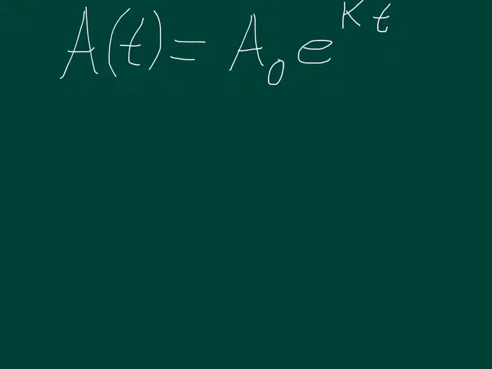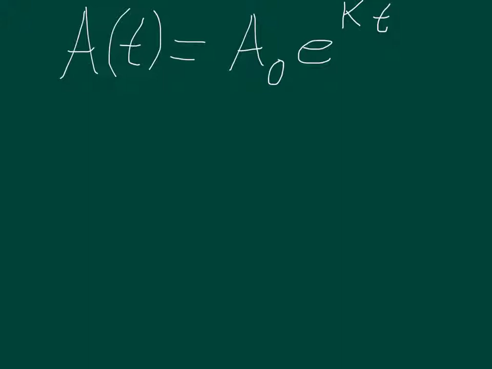We'll start off with one idea, and that idea is that the rate at which a given population grows is proportional to that population at a particular time. And so, speaking differentially, this is what this means.